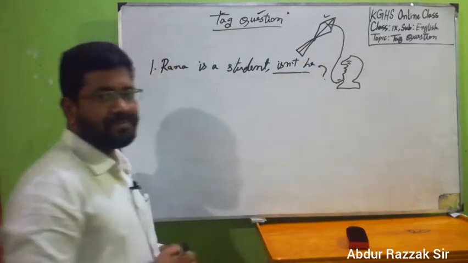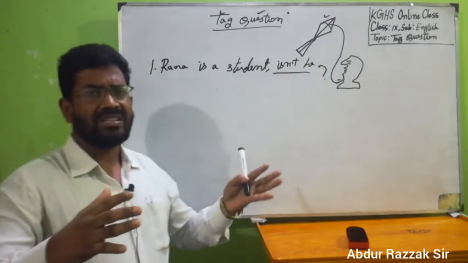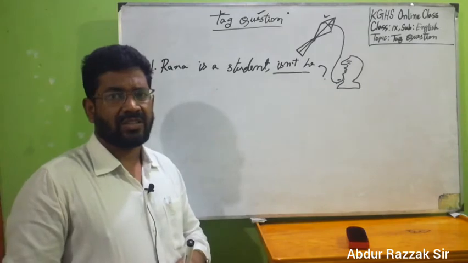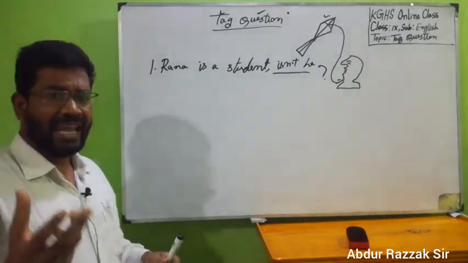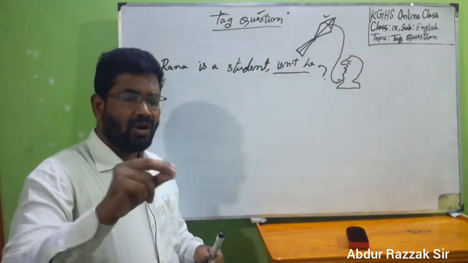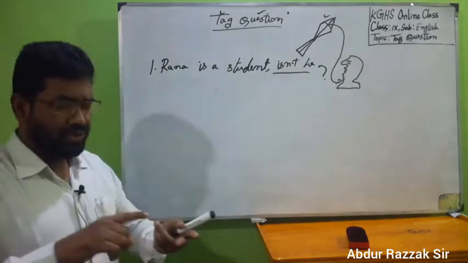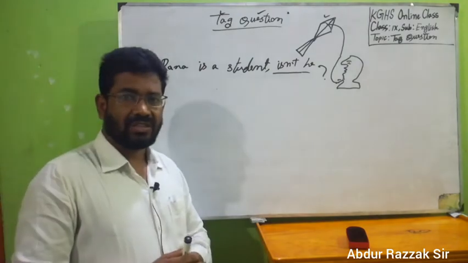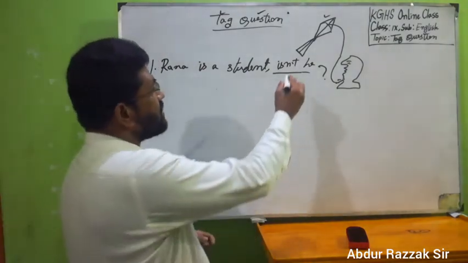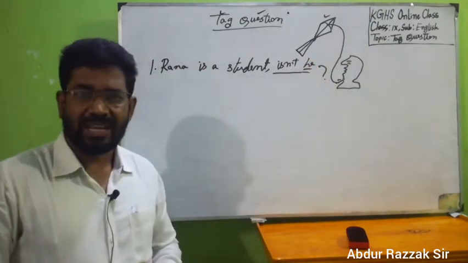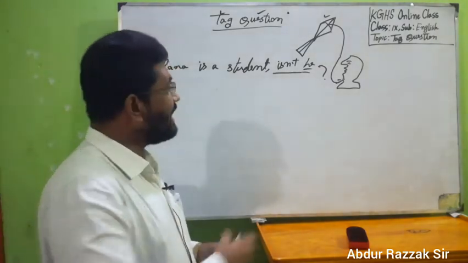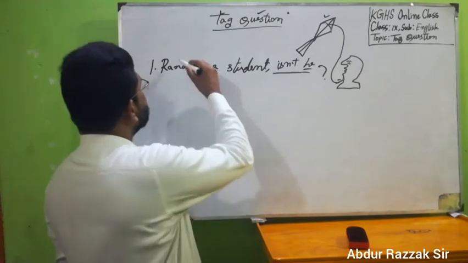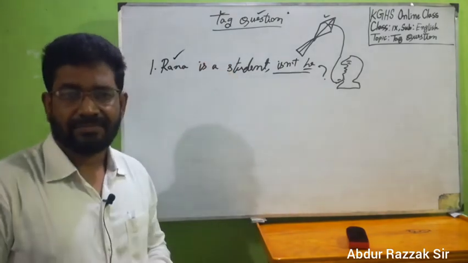Isn't he? Dear students, how is it made? Because if you find any linking verb, auxiliary verb or modal verb, you should use it to make the tag question. And the subject of the tag question will always be a pronoun, never a noun. So dear students, he is used here instead of the noun Rana.